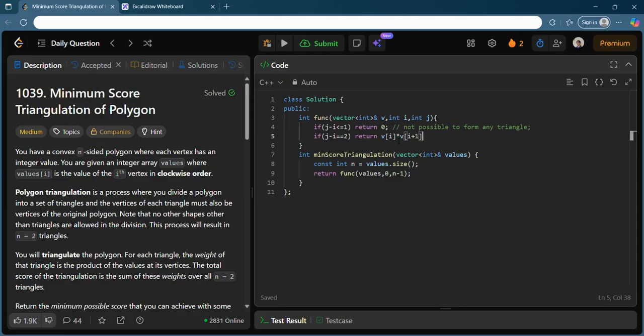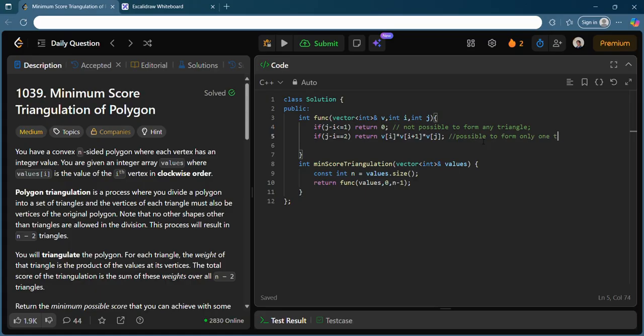You can definitely say something like this: v of I, v of I+1 and v of j. So yeah, you got it. It is possible to form only one triangle in this case. So you do have it, and these are all the base cases.